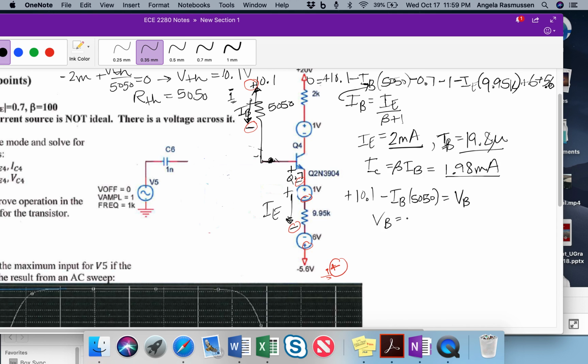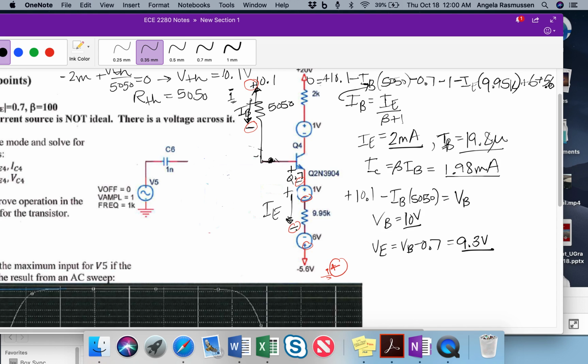So I get a value for VB of 10 volts, and then VE is VB minus 0.7, so I get 9.3.